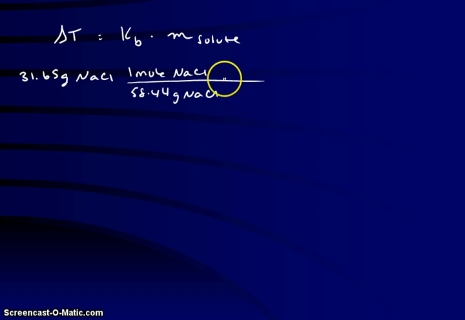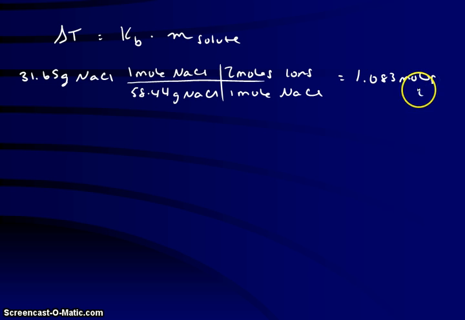But sodium chloride is an electrolyte and it 100% dissociates, so for every 1 mole of sodium chloride, we're going to have 2 moles of ions. So the moles of our particles then is 1.083 moles.